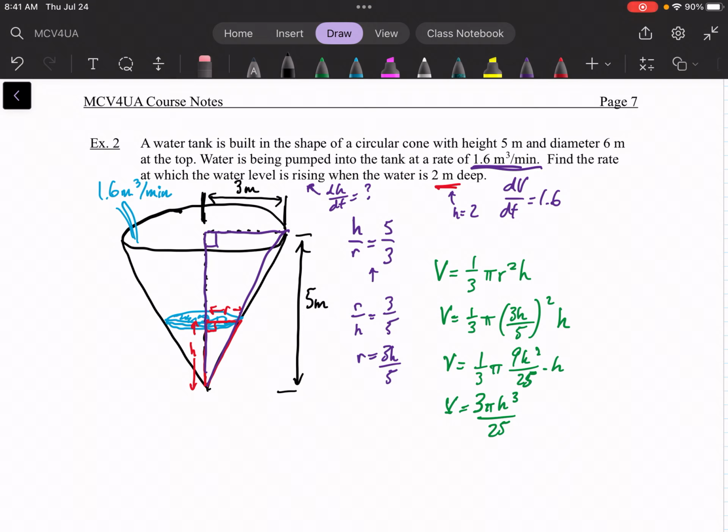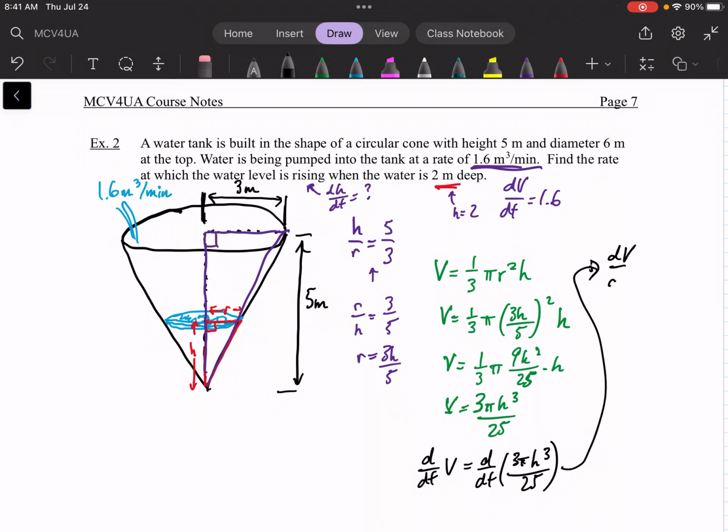So again, I apply the derivative with respect to time on both sides. So this is dV over dt is equal to 9 pi h squared over 25 times dh dt.